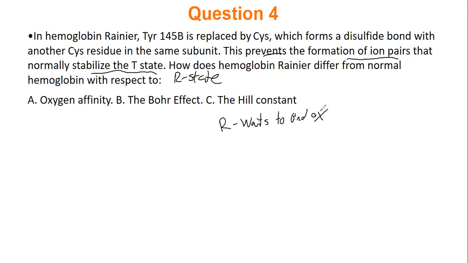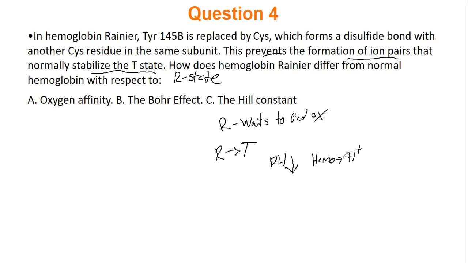How does stabilizing the R state affect the Bohr effect? The Bohr effect has less of an effect. That is correct, right? So the Bohr effect really works by transitioning from the R state to the T state, right? So when pH becomes lower, what will happen is that hemoglobin will bind a hydrogen.